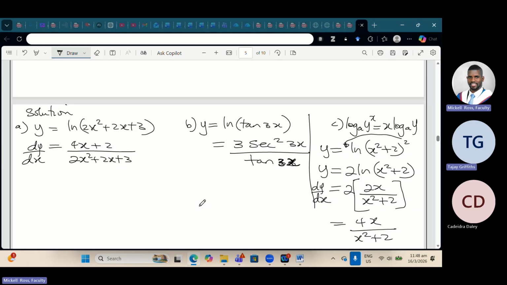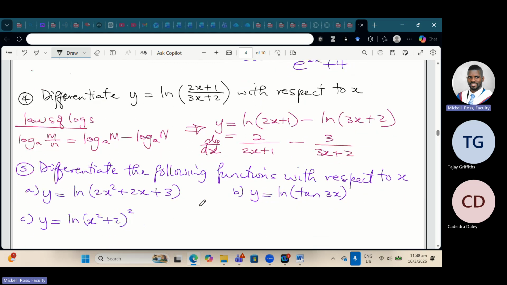For the exam, the way they would have worded the question, it wouldn't be like this. It would be in a worded form, like a real world example, something like that.